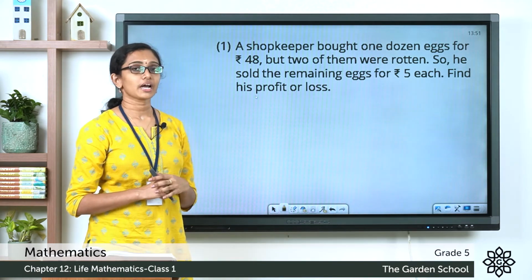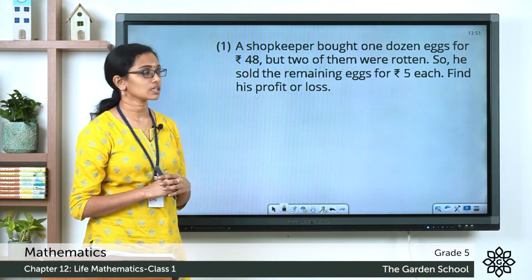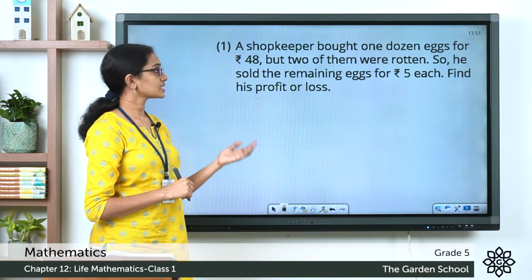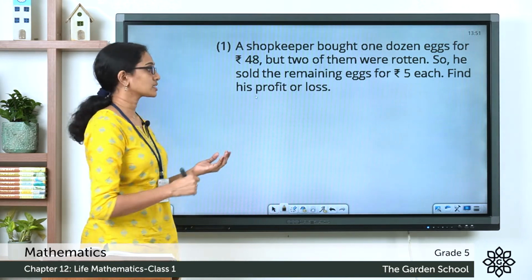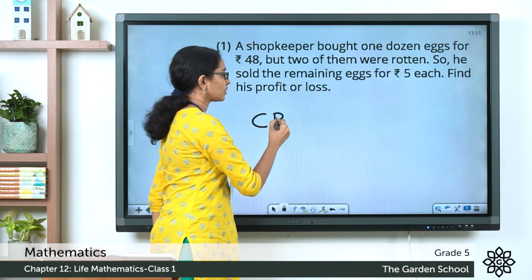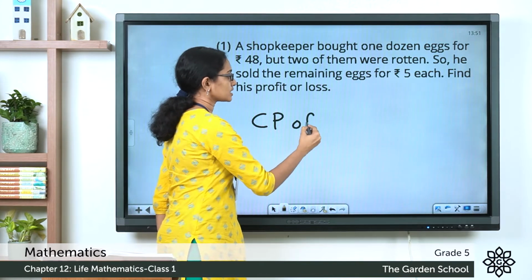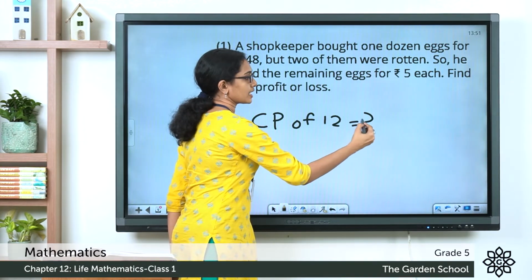We are given the price of 1 dozen eggs. So the shopkeeper bought 1 dozen eggs, which means it is his buying price or cost price. So the cost price of 1 dozen eggs means it's 12 eggs. The cost price of 12 eggs is equal to rupees 48.